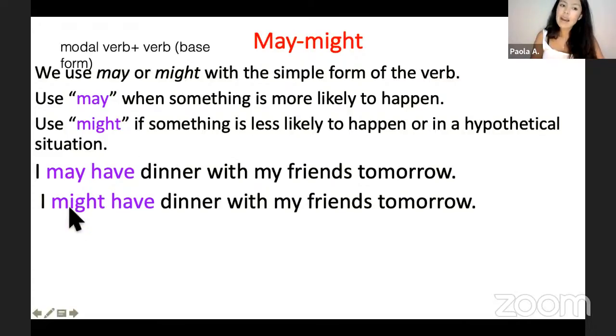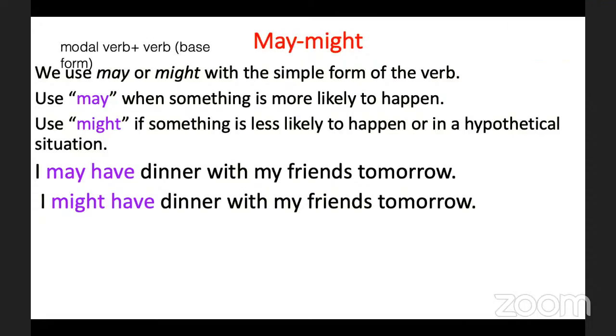But when you say I might finish these tasks, maybe in an hour, maybe from these 5 tasks you just finished 2, and there are still 3 that you haven't started yet, so you are not that sure.